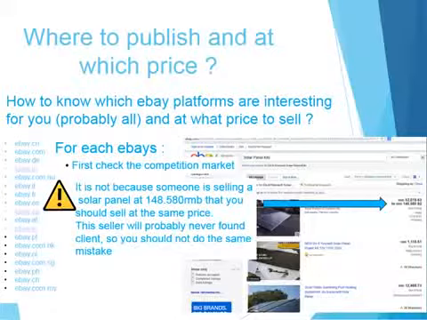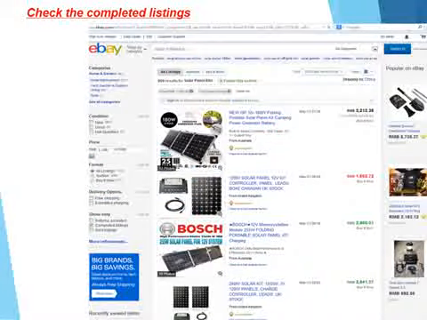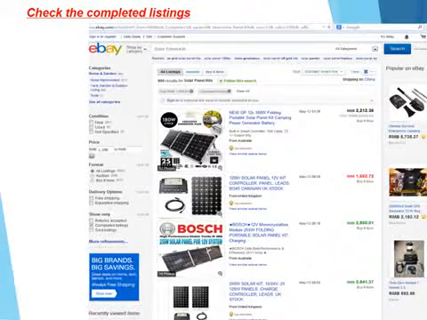You can check the price on the local market, but don't really pay attention to what people are listing. What you should pay attention to is the completed listings. When you're searching, on the left of the menu, you can say I want only the completed listings, which means the product has been sold, where people bought it.